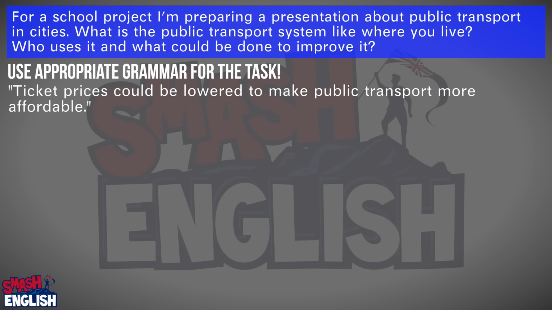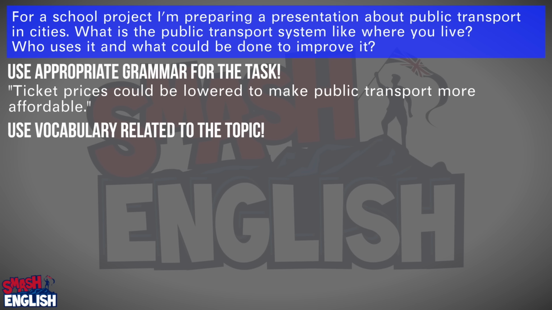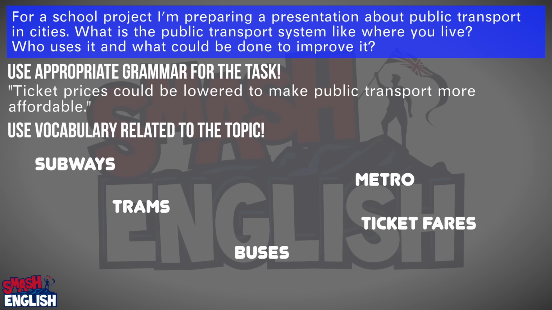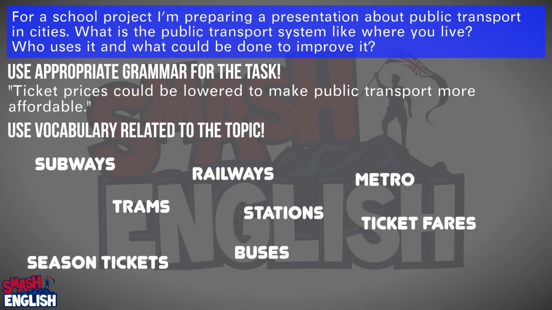And remember, we also need to include relevant vocabulary. As we are talking about public transport, we should try to use specific vocabulary related to the topic, like subways, trams, buses, metro, ticket fares, season tickets, railways, stations, etc.